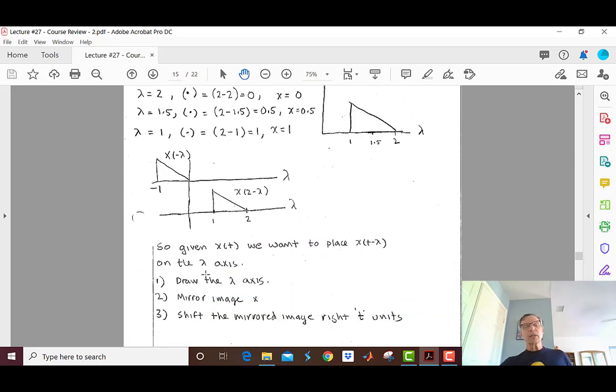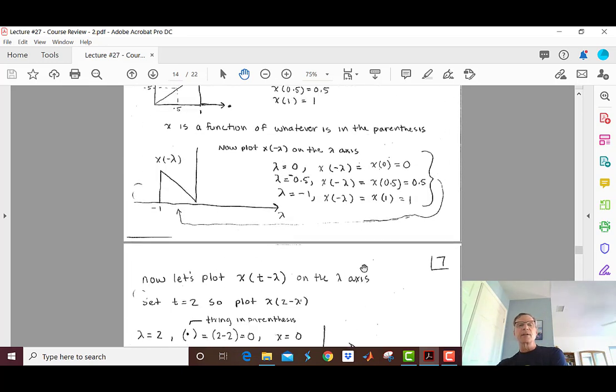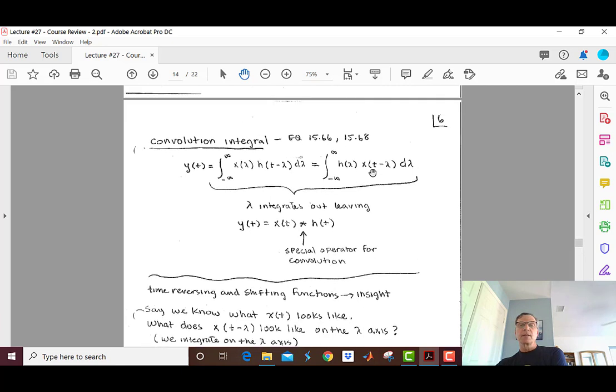So given x of t, we want to place x of t minus lambda on the lambda axis. So draw the lambda axis, mirror image your function x, and then shift the mirror image right t units. And that is what you're doing in this integral right here.